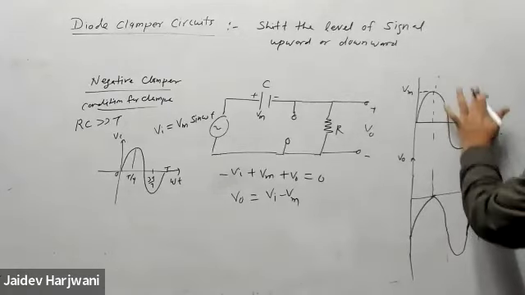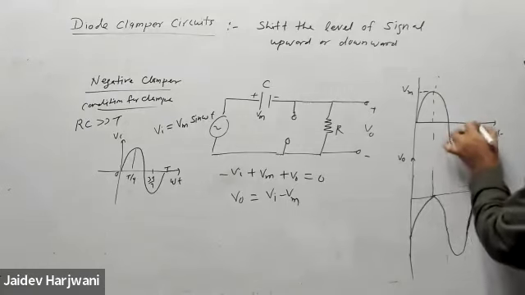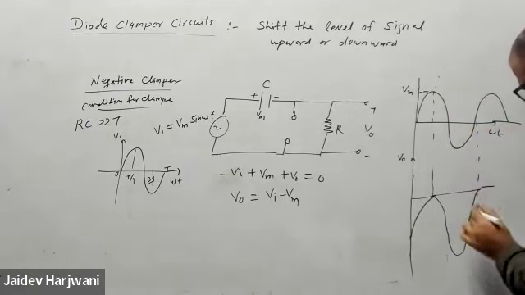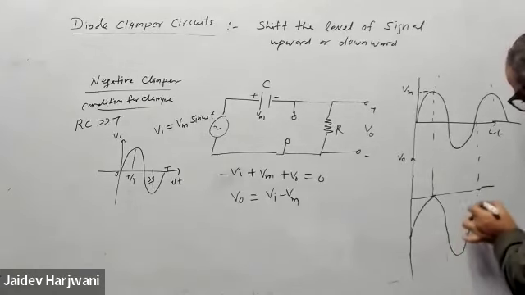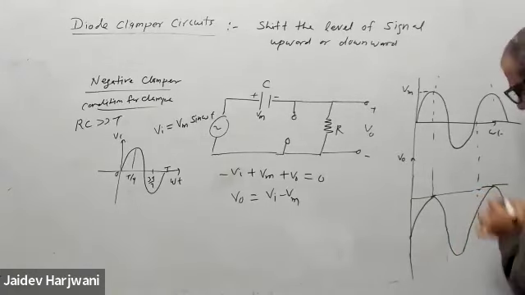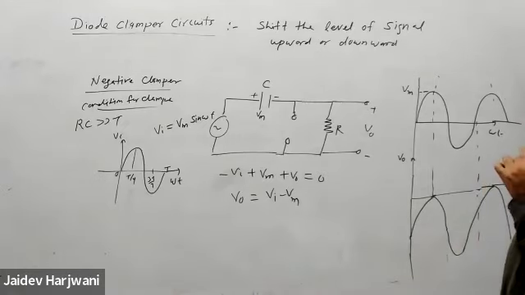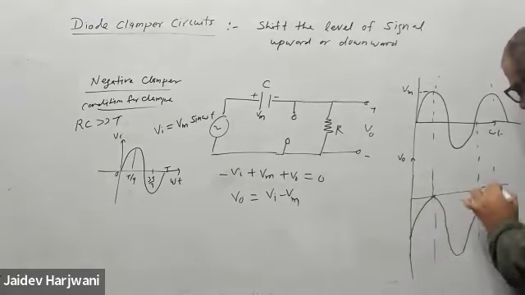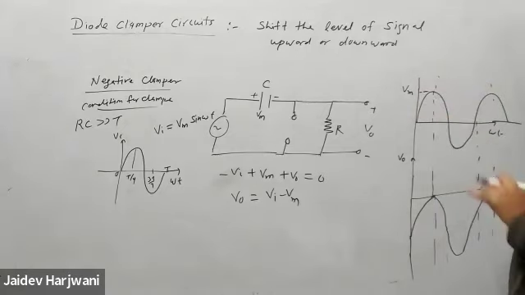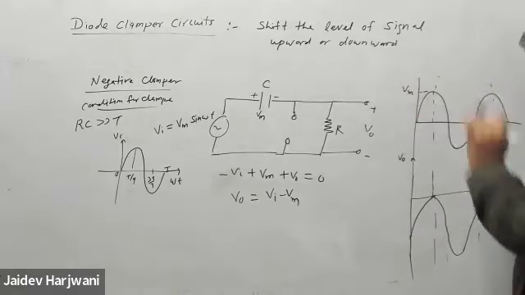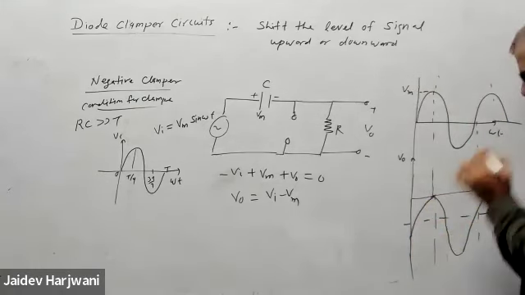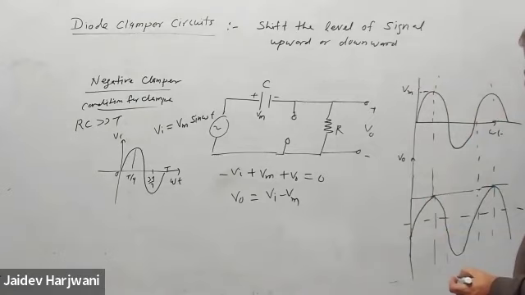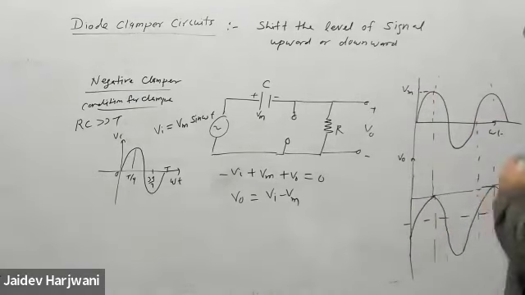When it becomes positive again, that time this will go to 0. Now the signal is not distorted, only the level gets shifted. Here it comes downward. So this is your output signal now. It is shifted by how much? Vm, minus Vm. So this is the example of a negative clamper.